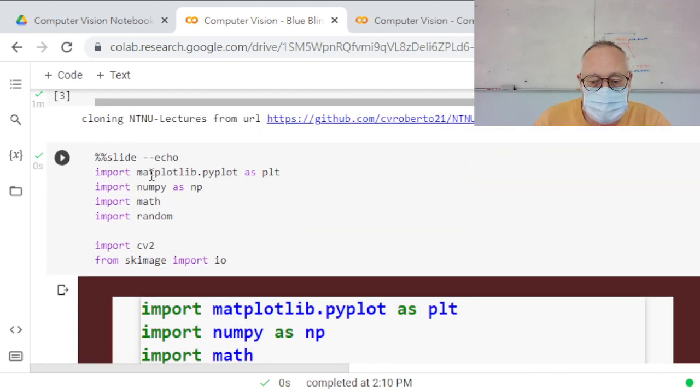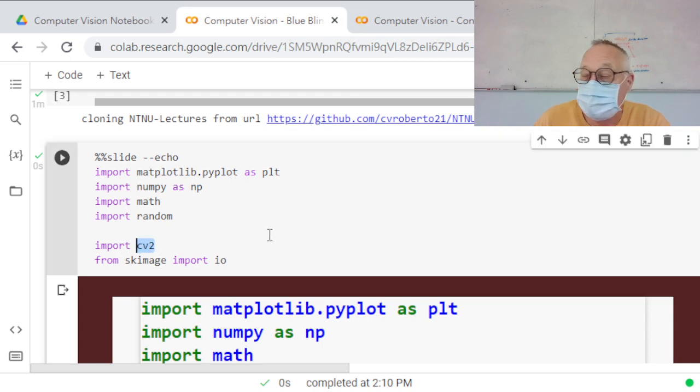So these are the most common libraries to use for computer vision. CV2, which is the OpenCV bindings for Python, Matplotlib, NumPy, Math, and Random we need anyway. And in this Google Notebook, I also use the skimage library in order to be able to read a file, be given a URL.